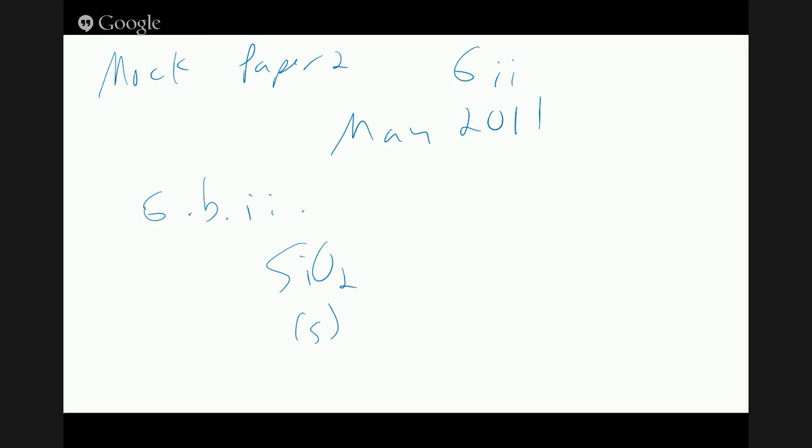Why is silicon dioxide a solid while carbon dioxide is a gas at room temperature? And that question can be explained using bonding and intermolecular forces. SiO2 is a giant macromolecular compound. CO2 is just a molecular compound, and it's nonpolar.